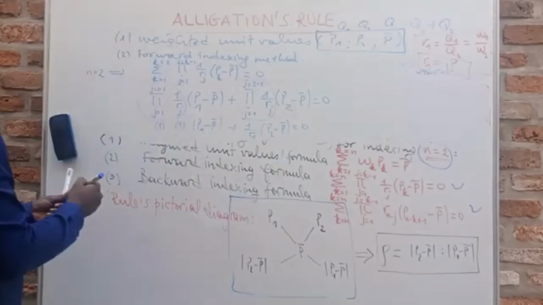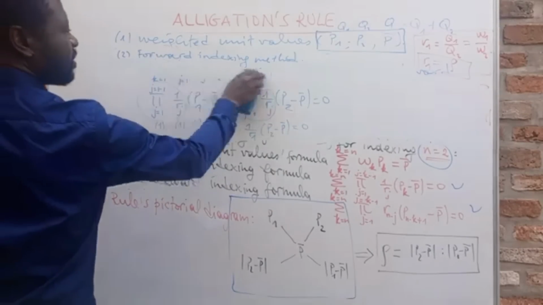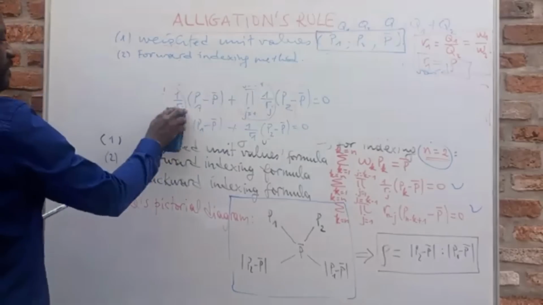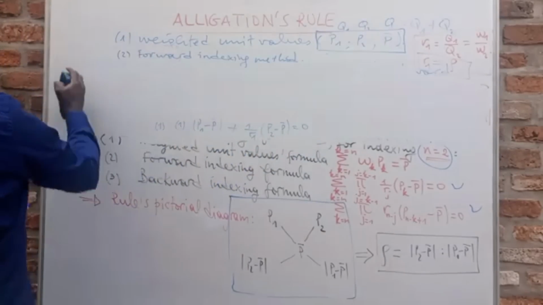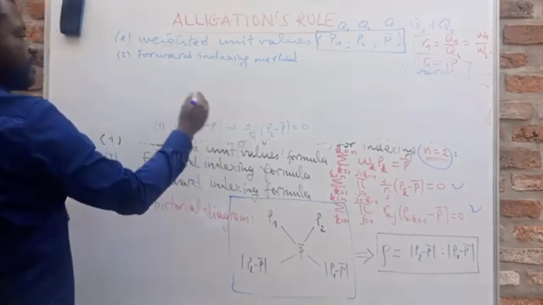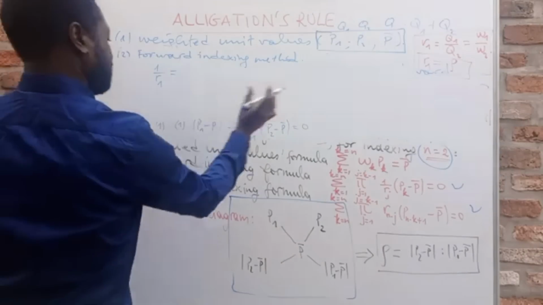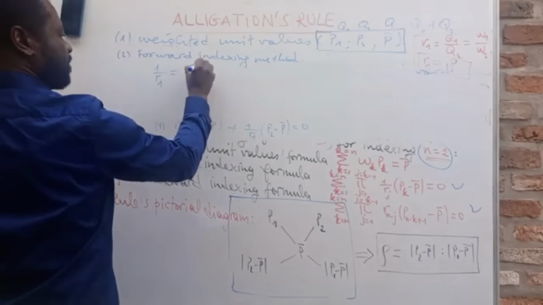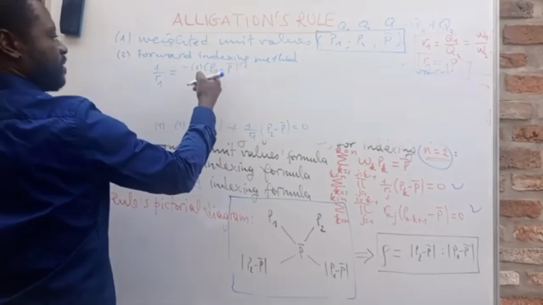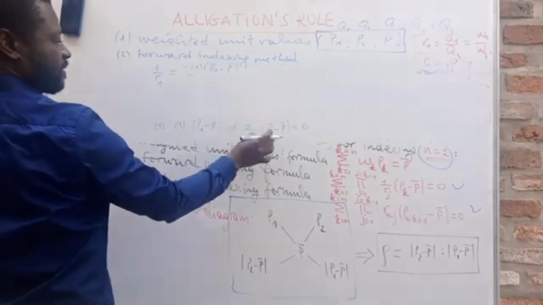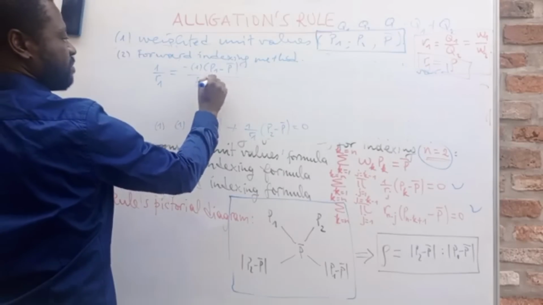Now you can deduce very quickly, we can easily deduce the value of the reciprocal of R sub 1. This one on the other side: P sub 1 minus P bar divided by the factor of the reciprocal, P sub 2 minus P bar.